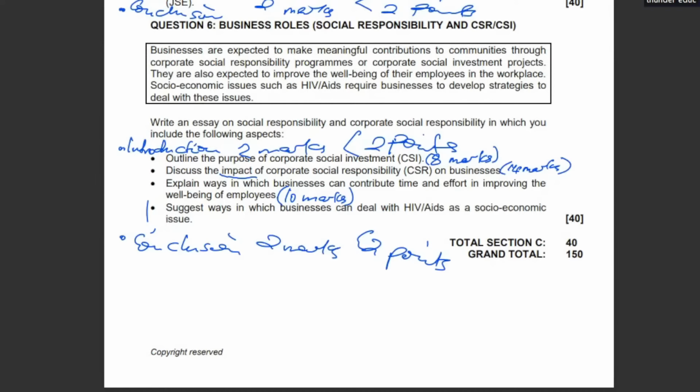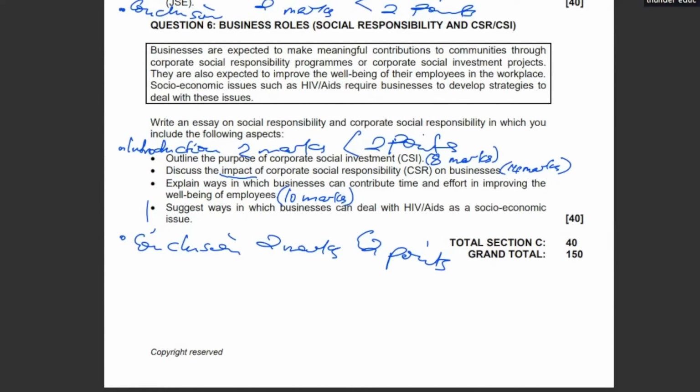Then per week, they're expected to work 45 hours. So remember, all the information pertaining to hours of work is contained inside the Basic Conditions of Employment Act. Remember, the Basic Conditions of Employment Act is the act that gives conditions on how businesses should run on a daily basis. Okay, right.